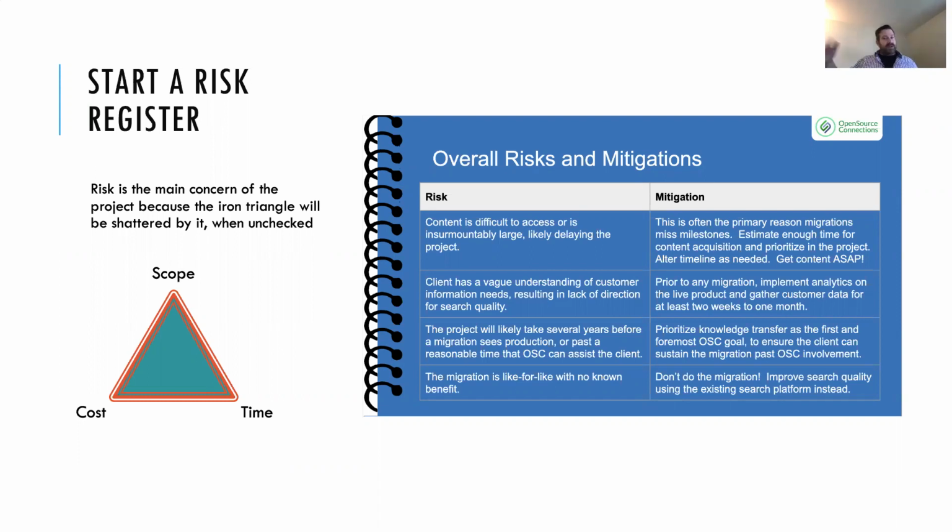In scope, you can't have scope creep constantly. You can't say, well, yeah, we're migrating to this new search engine, but we're also building this whole other initiative on top of that new search engine while we're at it. That would be terrible. So don't do that. Understand these things and understand the relationships between them, and know that if one changes, the others are going to be impacted as well.